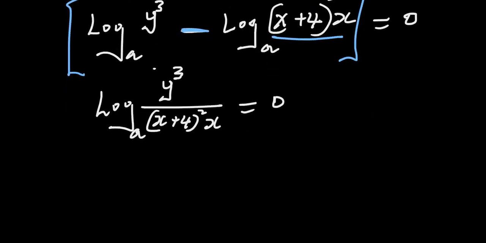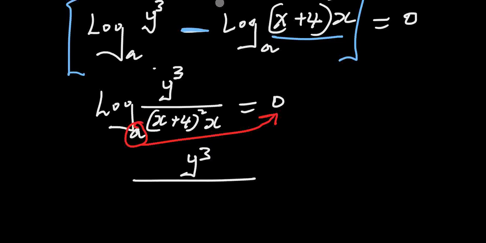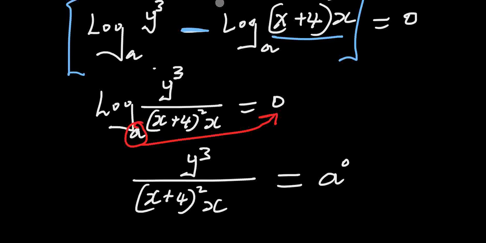So at this point, we can now write this logarithmic equation in the index form. That means we can switch the base over here and make it to the power of 0. So this will become y cubed over (x plus 4) squared times x is equal to a to the power of 0.